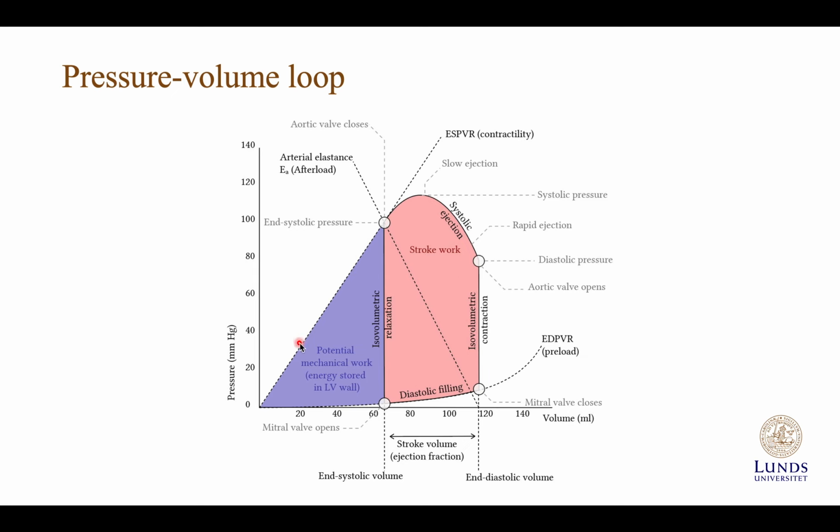And then there is the potential energy, which is the elastic energy stored in the myocardial wall at the end of contraction, but which is not used in shifting the volume in the left ventricle into the arteries.